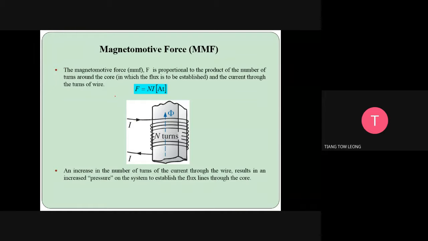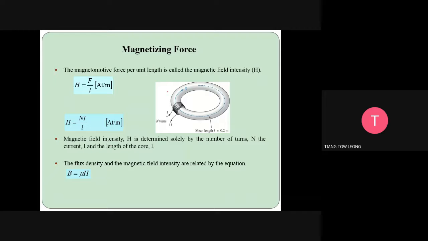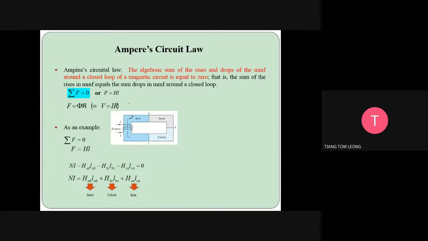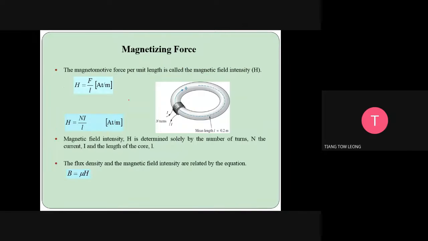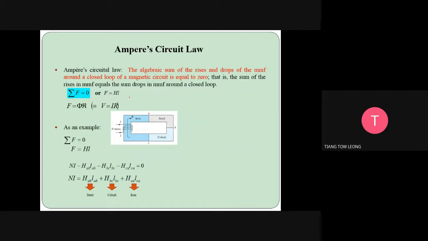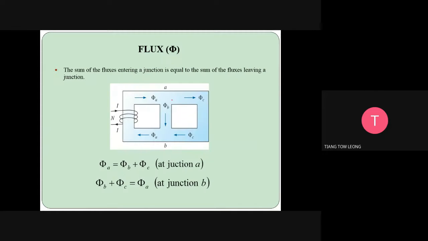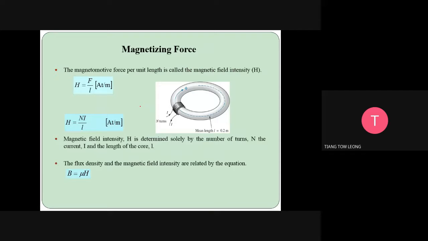F equals to Ni, just now we talked about it. I think this one we talked about already. So actually, for these few slides, until here, what we need to do is we write out like this. F equals to phi r. Remember, every time you want to solve this type of question, please write this out first.